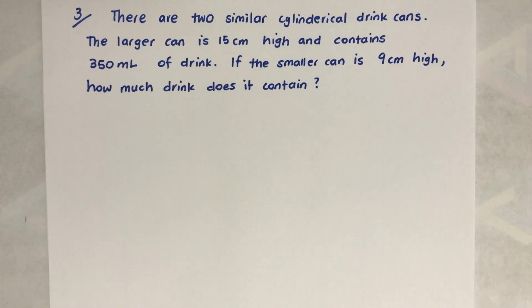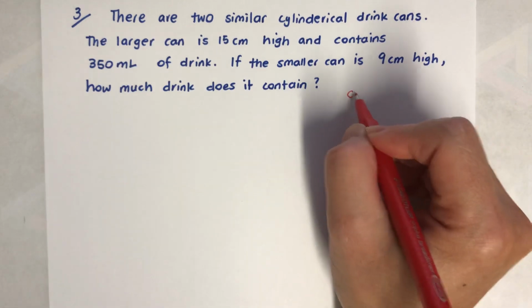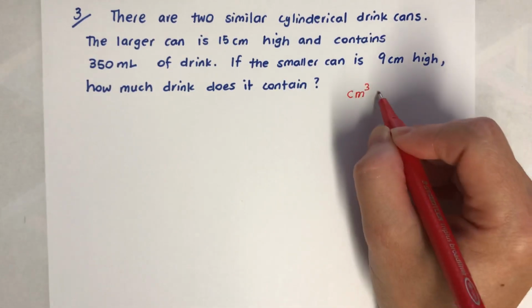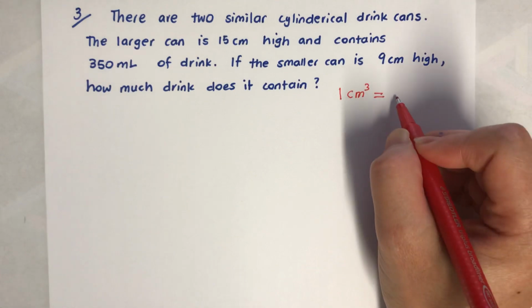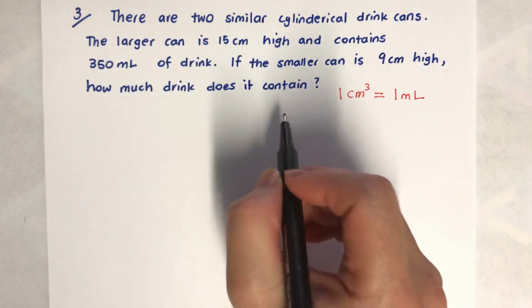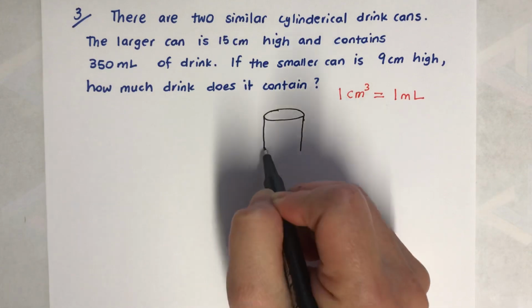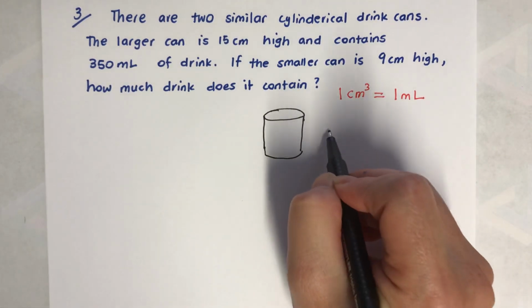The question is asking you to find the volume of the smaller can. First thing, it's in centimeters, so volume in cubic centimeters, and 1 cubic centimeter is the same as 1 milliliter. So if we can find the volume, we can just convert it to capacity. It's not a big deal. First thing, I like to sketch so I can visualize what's happening in my head.